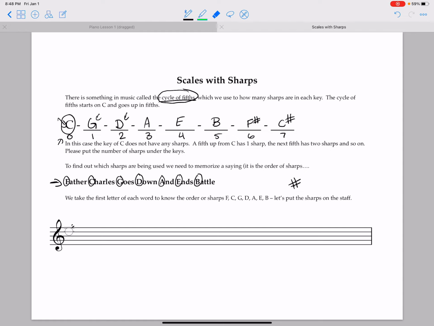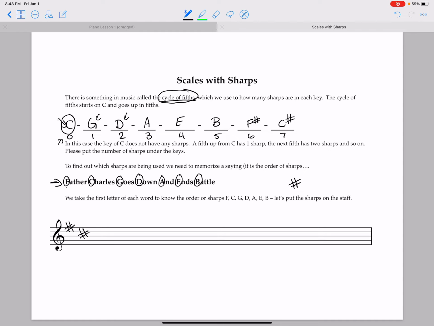This one, I think I could improve on that, so let me try that one more time. There we go. There's the F sharp. So that's our F from father. Now we're on C. So our C is on our third space. So we do our sharp again with the middle square of the tic-tac-toe board going through the C.